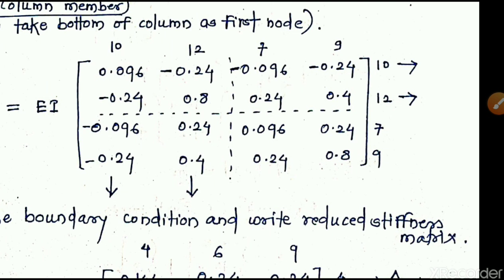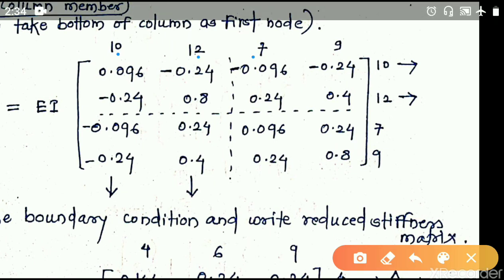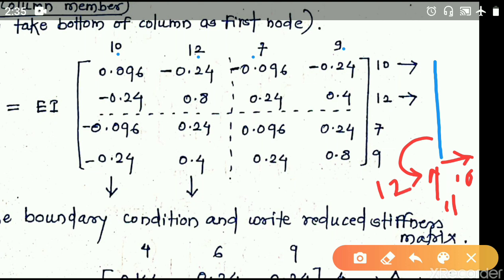And now it's time to write these displacements. So how are these displacements written? Here this is the member DC. The associated displacements at D are 10, 11, 12, and at this point the displacements are 7, 8 and 9. So the axial displacements for this column are 11 and 8.